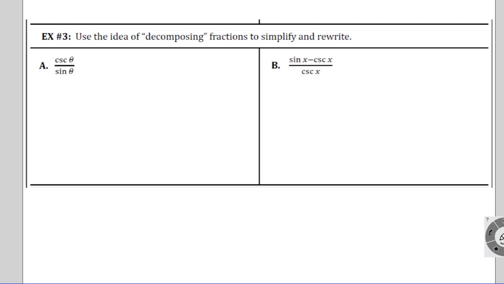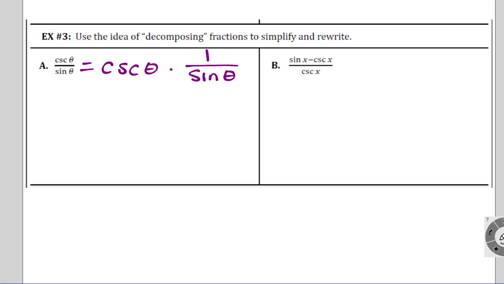Okay? All right, so with this one, we're talking about decomposing fractions to simplify and rewrite. So what we might want to recognize is that this is cosecant theta times 1 over sine theta. So I just separated the two. It's still equivalent to cosecant over sine, but I've written it out as multiplication.